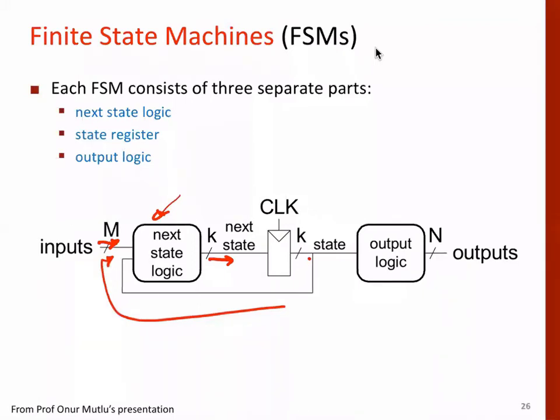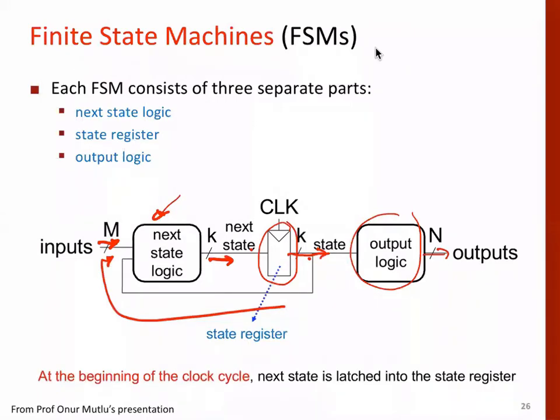So these two inputs will determine the next state, which goes into a state element, which is a register. And based on this state, we again have a combinational logic circuit which gives the output. All right, so this is how we design a processor.